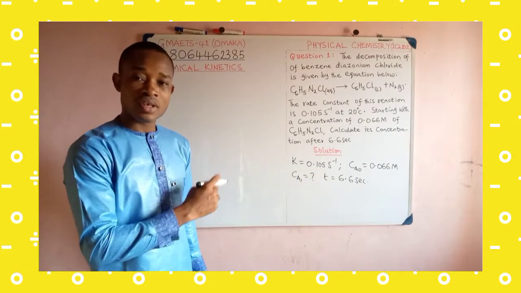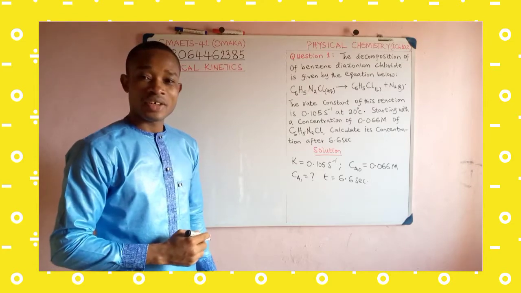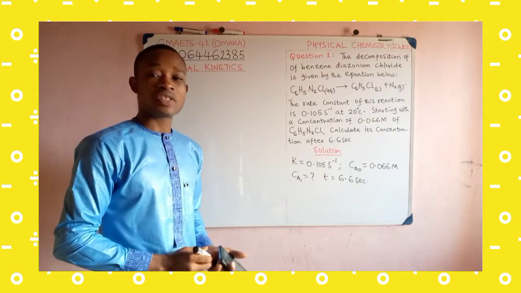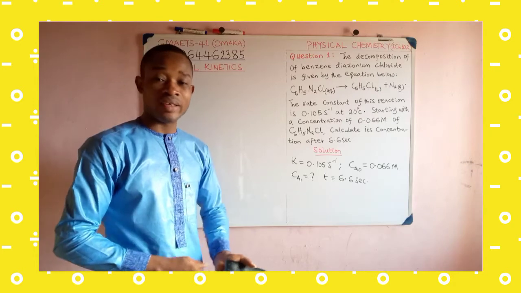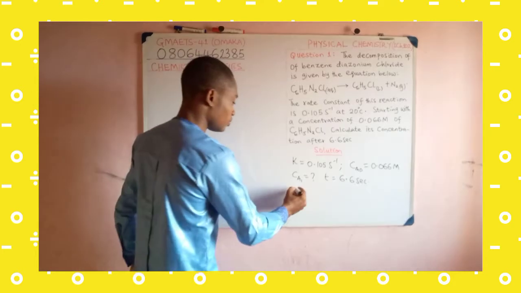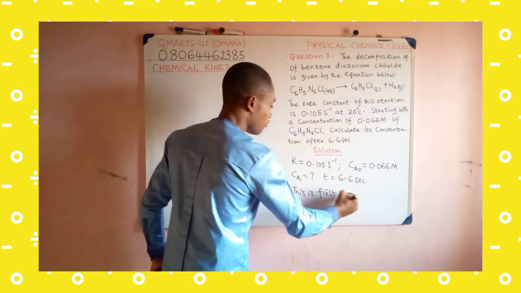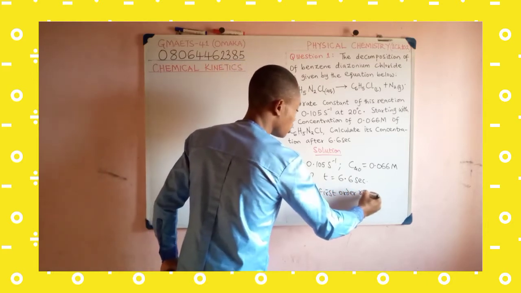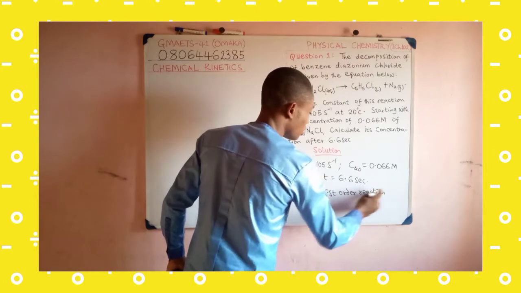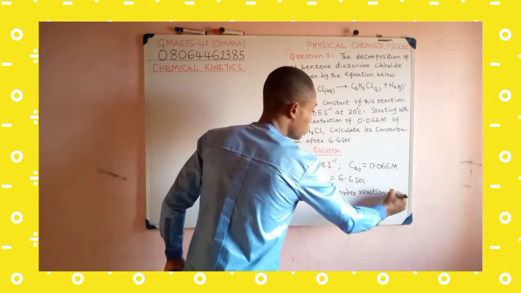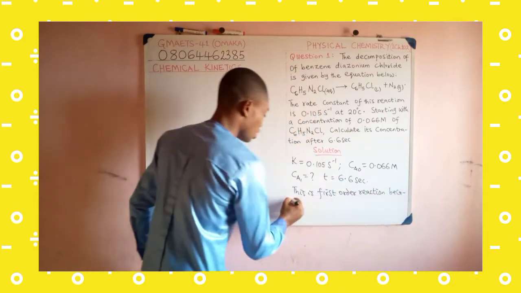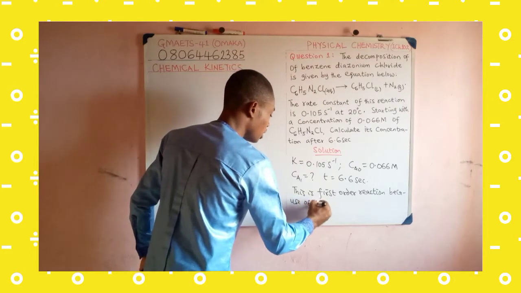So this is a first order reaction, because for a first order reaction the unit for k is per second. So alright, this is a first order reaction because of the unit of k.